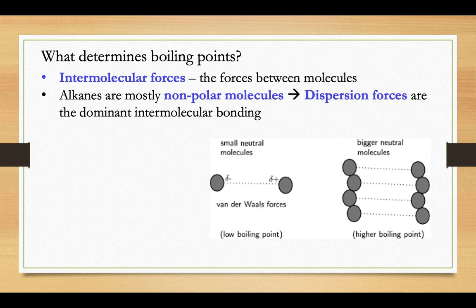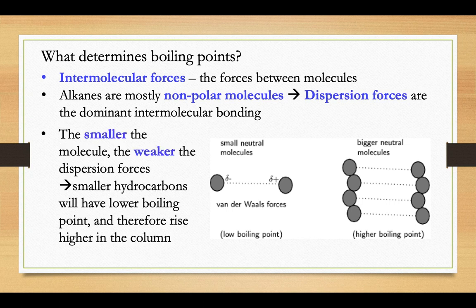If you still remember from Unit 1-2, the larger the molecule, the stronger the dispersion forces, and the smaller the molecule, the weaker the dispersion forces. And the stronger the dispersion forces, the higher the boiling point. So smaller molecules of alkanes will have a lower boiling point, and larger molecules will have a higher boiling point.